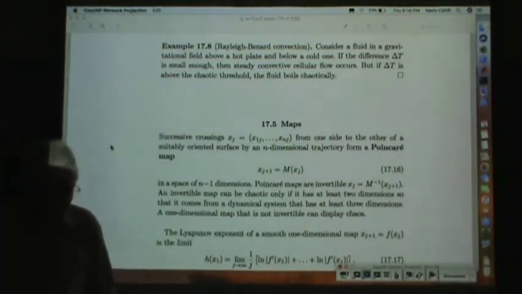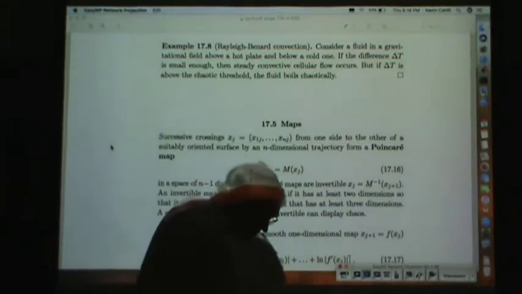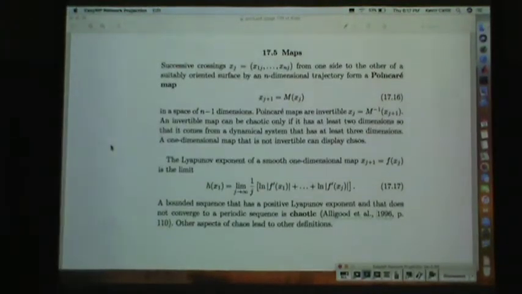All right, so anyway, maps. This is one of the things that Poincaré introduced as a way of visualizing dynamical systems.